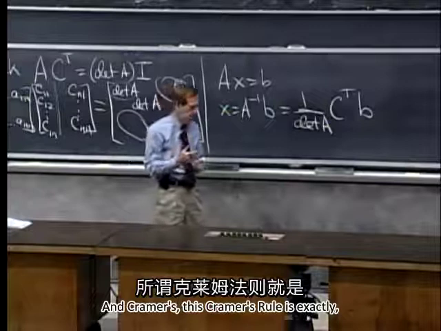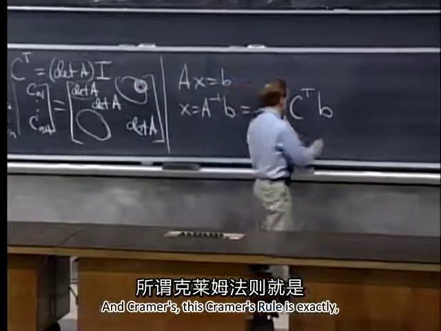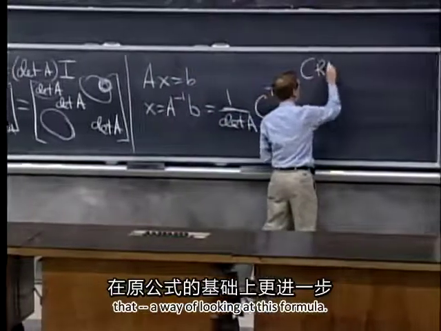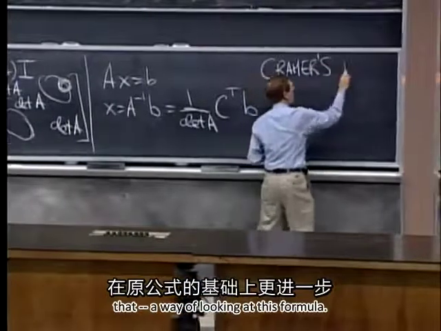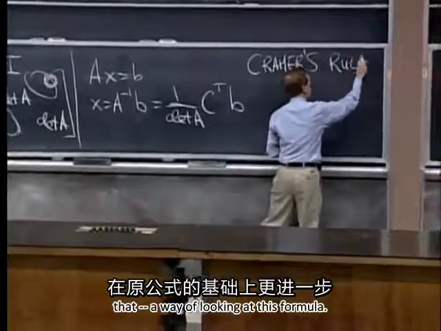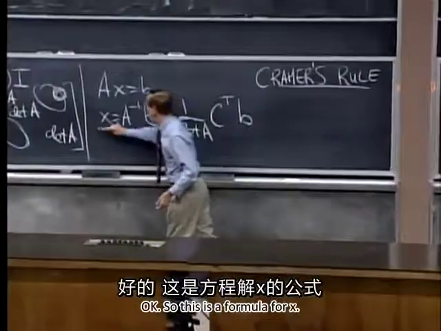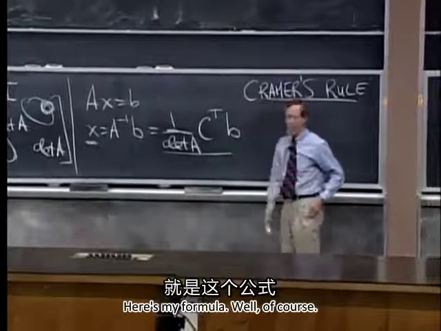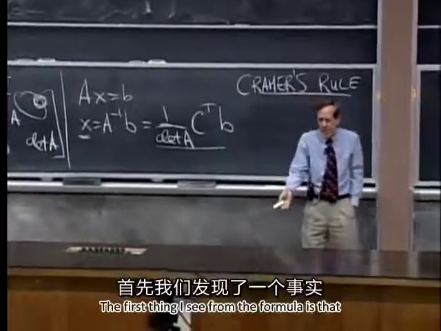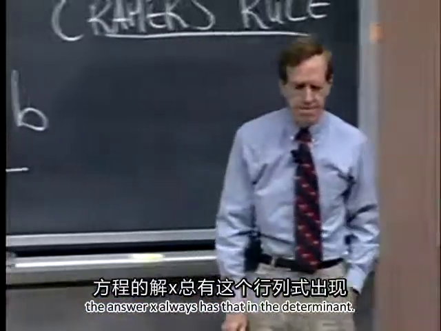This Cramer's rule is exactly a way of looking at this formula for x. The first thing I see from the formula is that the answer x always has the determinant in the denominator.